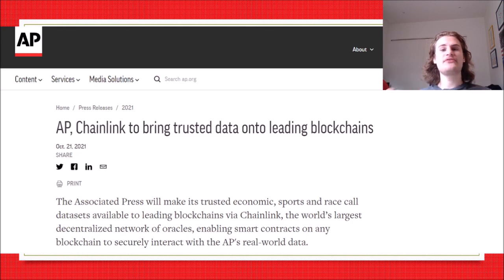The benefit of the Associated Press running a Chainlink Oracle node is they can cryptographically sign all of their news and all of their data. This means that smart contract developers will know that it comes from the Associated Press, and this is a very, very important function in my mind. This also only happened about a month or so ago.